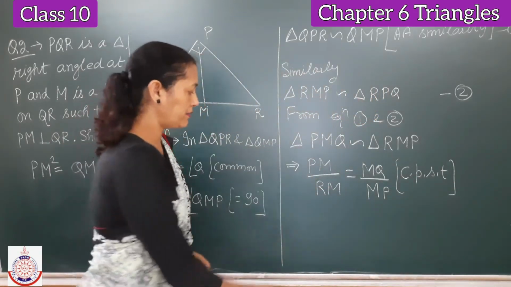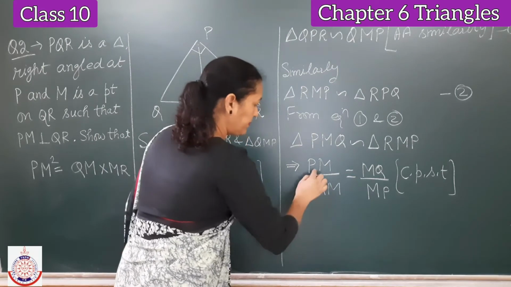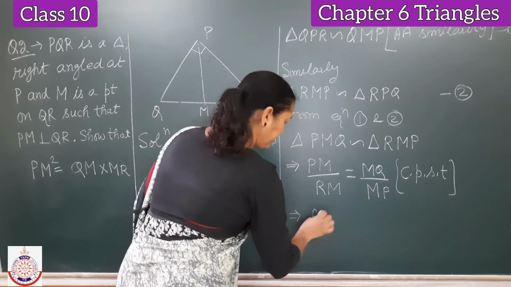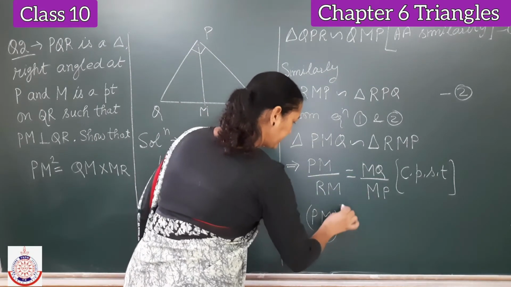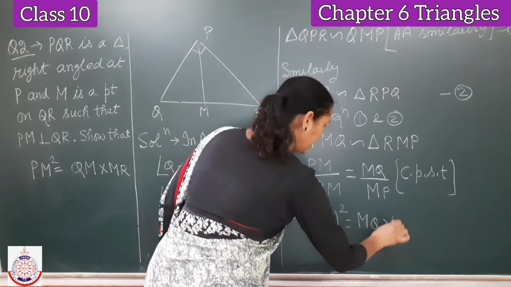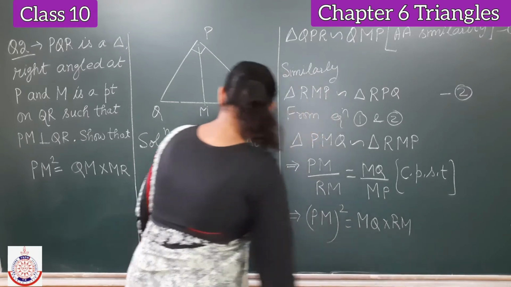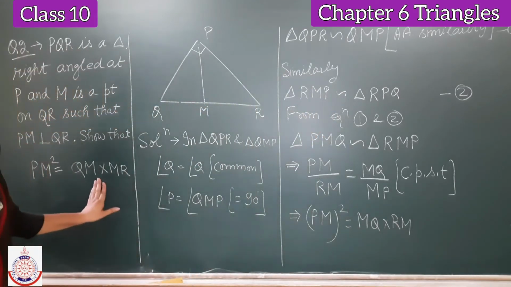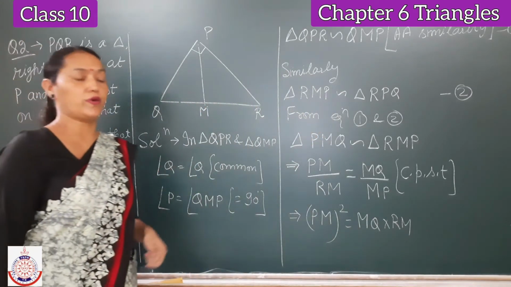Cross multiplying, we get PM square equals QM into MR. This is what they were asking us to prove, so hence proved.